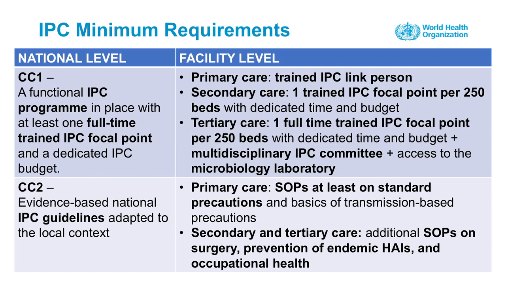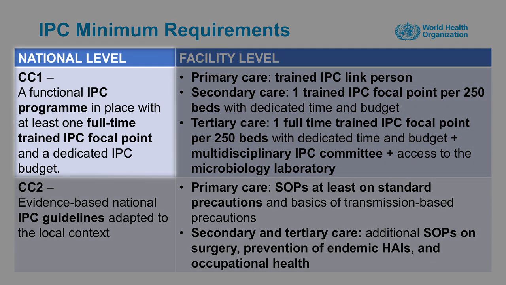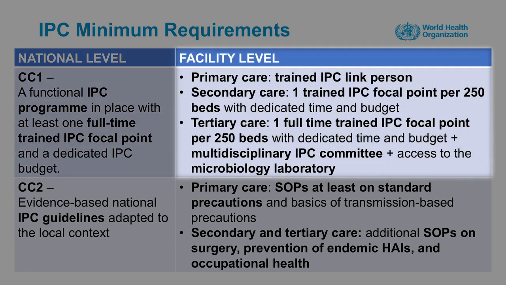These slides go through some of the specifics of the minimum requirements of the core components. Core component number 1 is that there is a functional IPC program in place at the national level with at least one full-time trained IPC focal point and a dedicated IPC budget. At the facility level, this means that for primary care, there is one trained IPC link person.